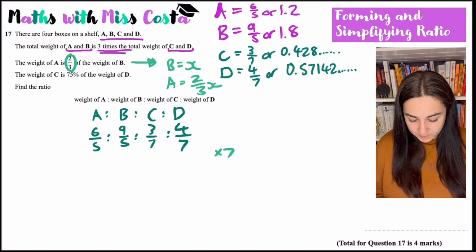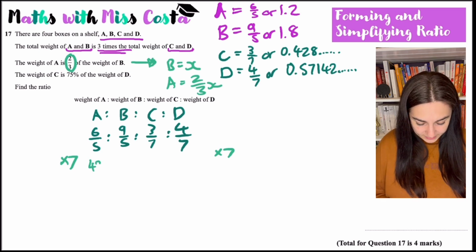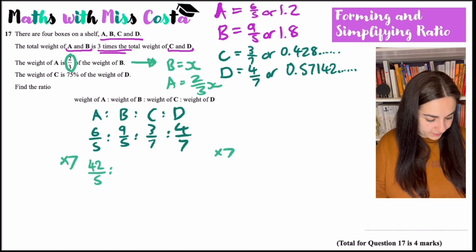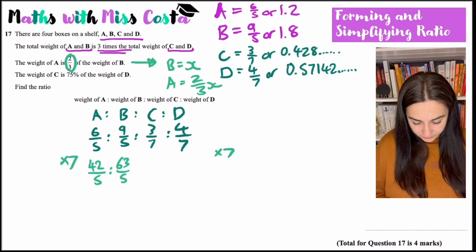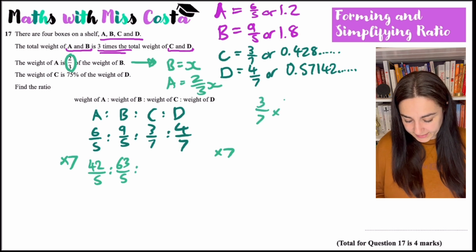So let's start by multiplying the whole ratio by 7. 6/5 times 7 is going to give me 42/5. 9/5 times 7 is going to give me 63/5.